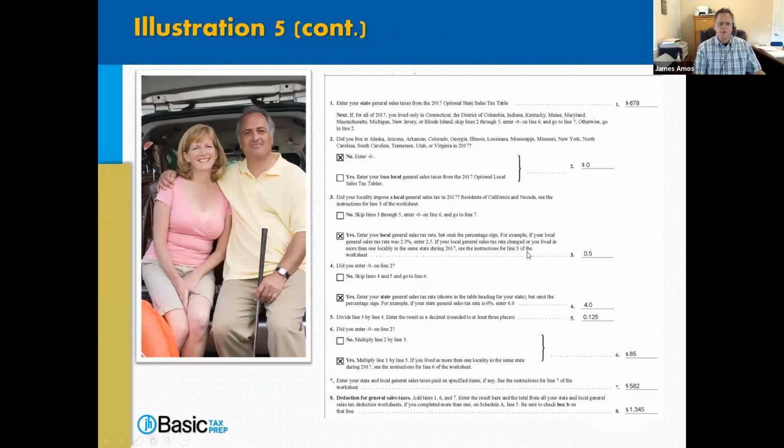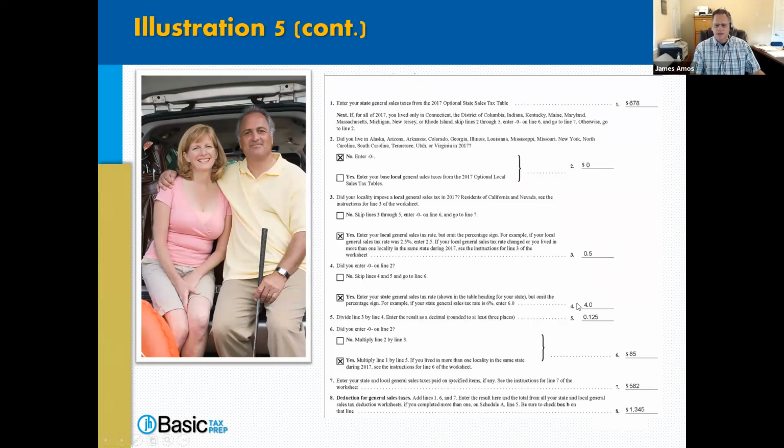That's really all you're doing. And then you plug it in, $678. See, they plugged it in. Did you live in one of these special states? No. Did your locality impose a general sales tax? Well, yes, they did. How much was it? 0.5%. Did you enter 0 on line 2? Oh, yes, we did. So enter the state general sales tax rate. That's 4%.